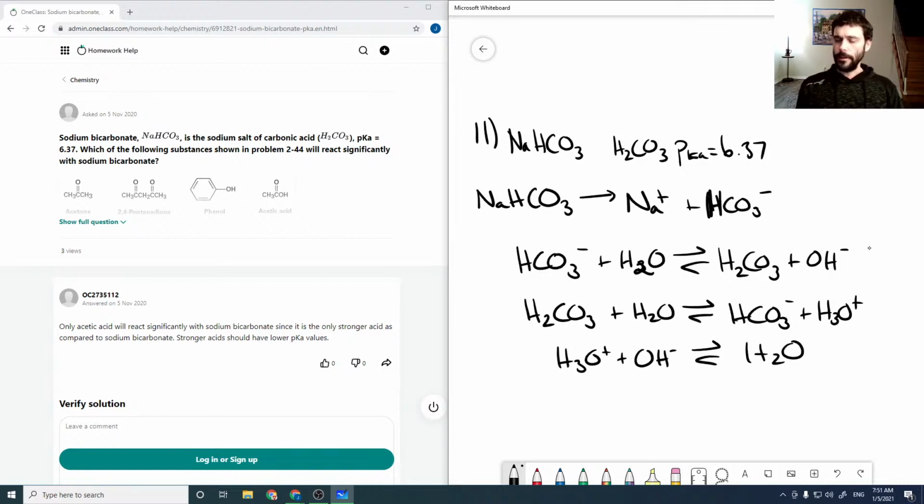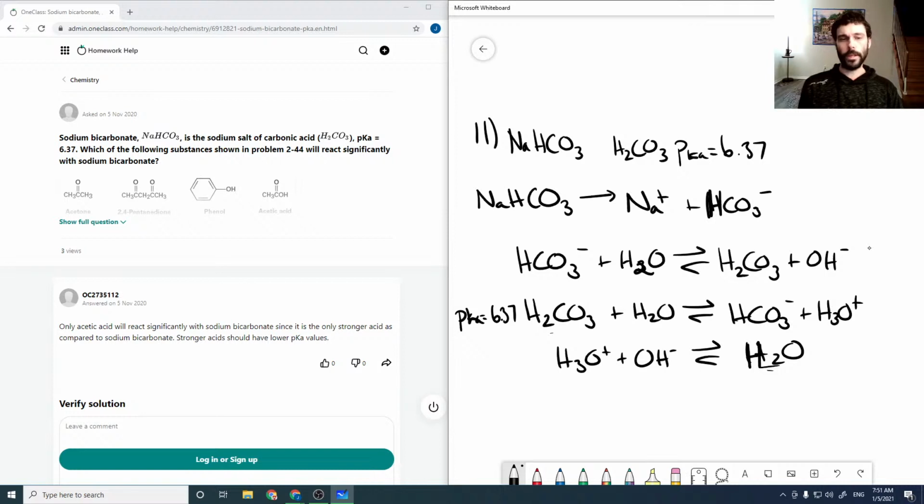In the end, what we have here is an equilibrium, where H2CO3 is our conjugate acid. In solution, our sodium bicarbonate is going to reach some kind of static state between forming H3O plus from our H2CO3 and then yielding water through reaction with its own OH minus.